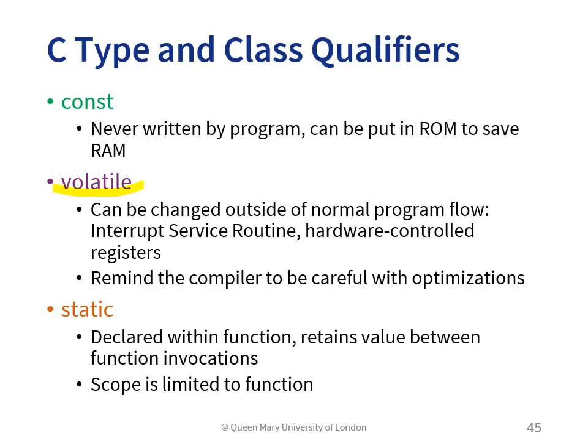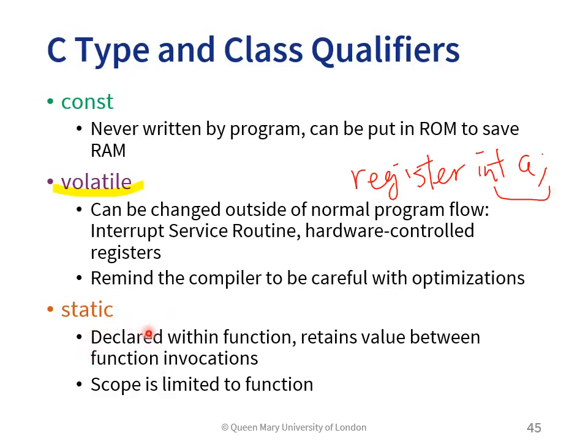Similarly, if you would like a variable to be accessed quickly, you could put register as a type modifier. And when the compiler optimizes, it will try to put the variable in registers and speed up the code. Lastly, we have static.